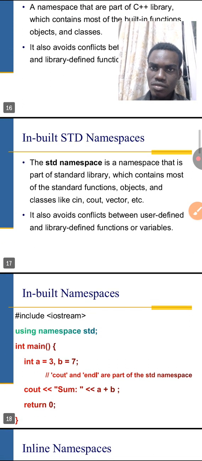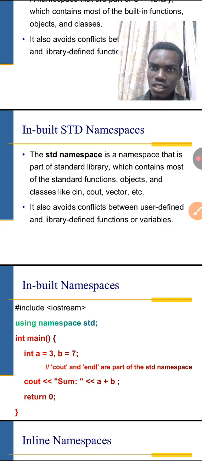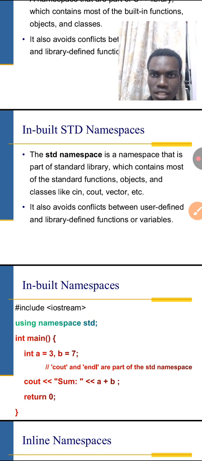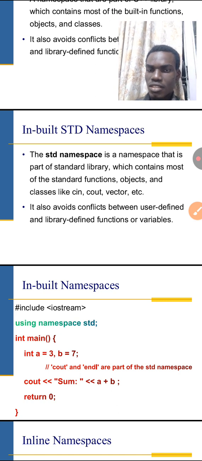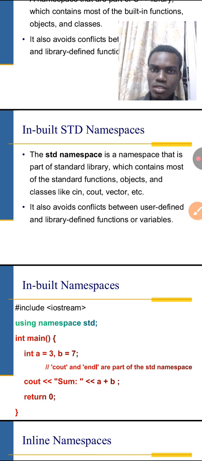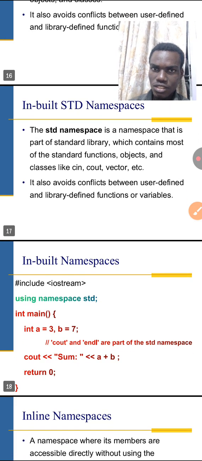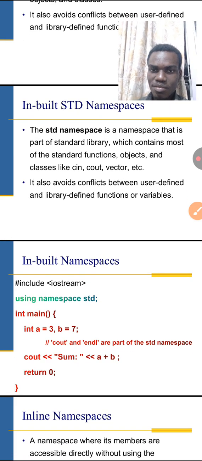So the std namespace is a namespace that is part of the standard library, which contains most of the standard functions, objects, and classes like the cin, the cout, the vector, and etc. So this one is already in the system.